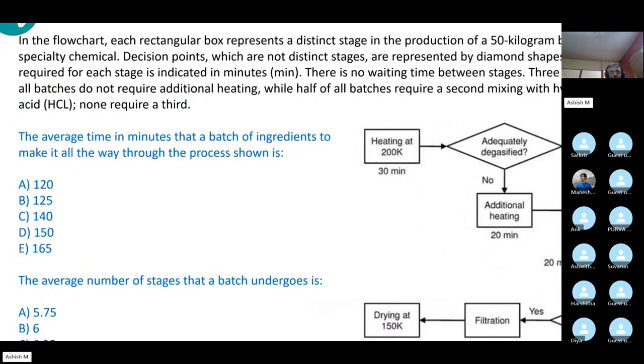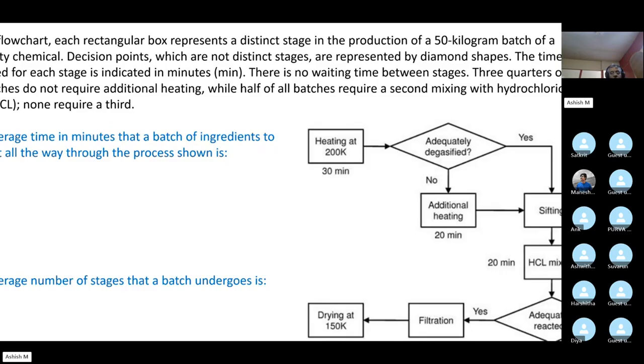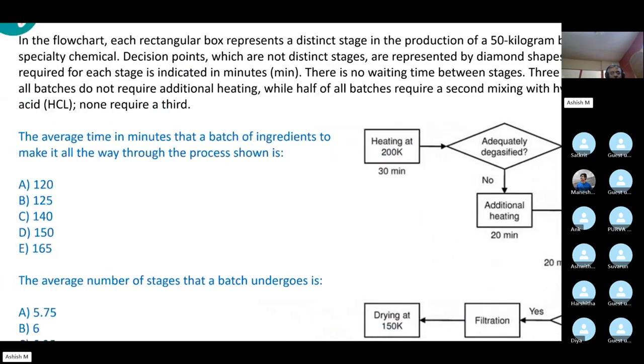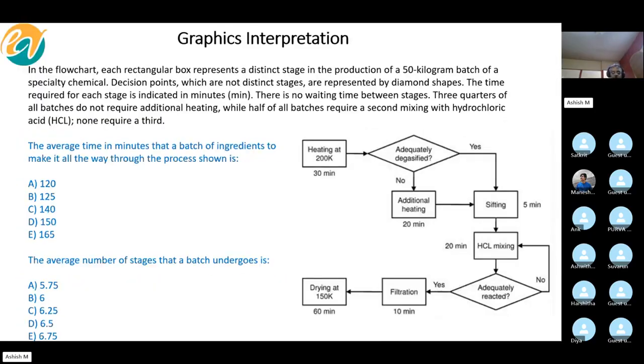We're talking about the average time that a batch of ingredients... Okay. So 3/4 of the batches do not require any additional heating, while one half... So see, given this, this is just for convenience.